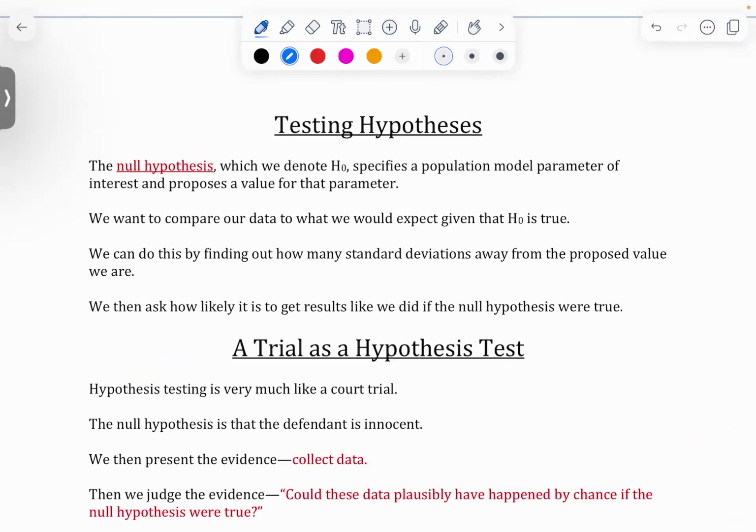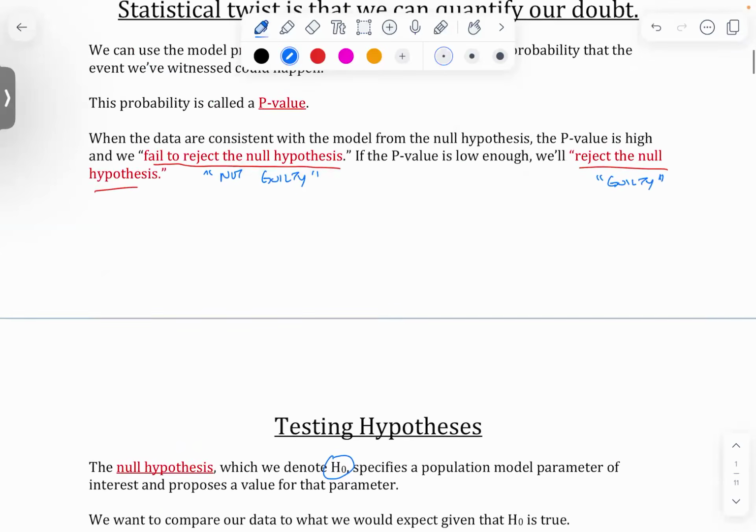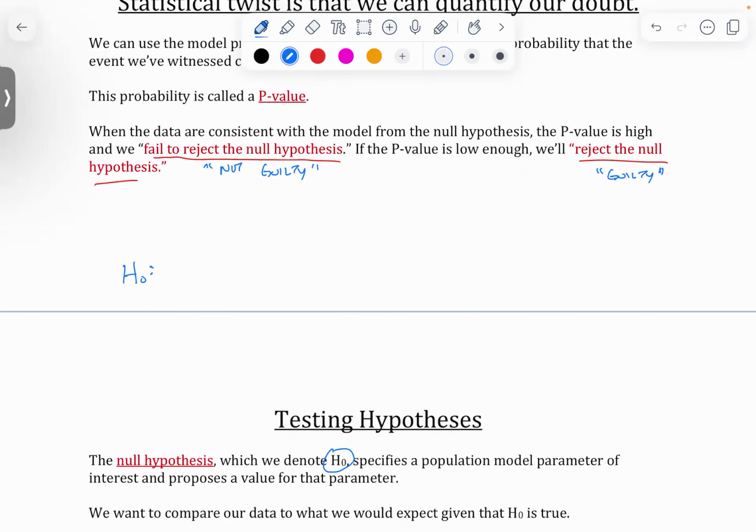So the hypotheses we are going to create, we denote them H0 and HA, the null hypothesis and the alternative hypothesis. For our jury trial example, the null hypothesis states the defendant is innocent. And now be aware, that actually is the hypothesis. That's not the decision made when we say guilty, not guilty.